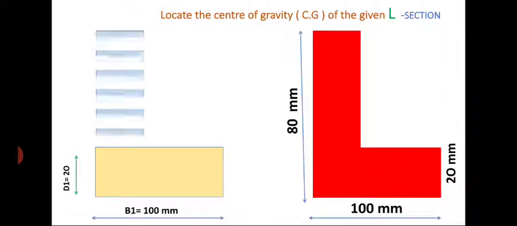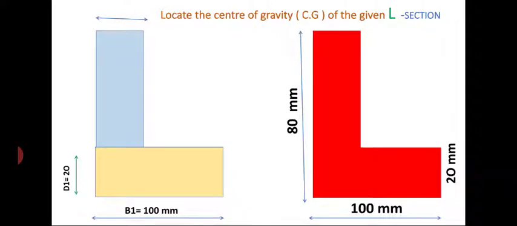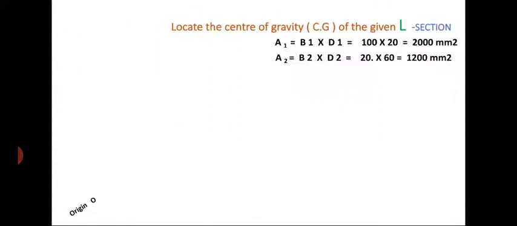Another rectangle is vertical. The dimensions are base B2 equal to 20 mm and height D2 equal to 60 mm. In this slide, A1, A2 are the individual areas.